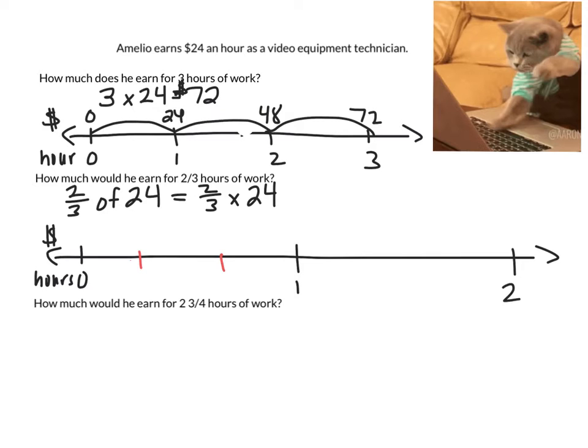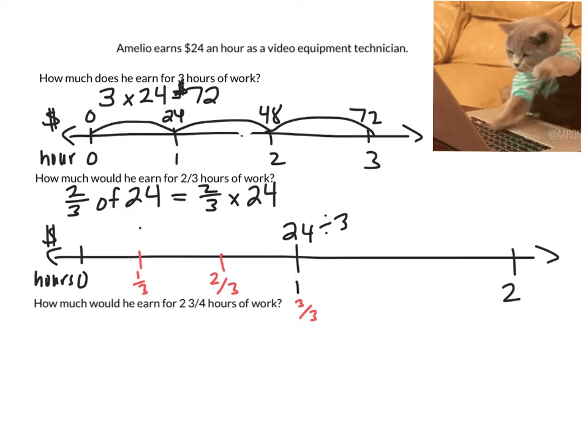Okay, so this would be 1/3 of an hour, this would be 2/3 of an hour, and 1 hour would really be 3/3. And since we know that 1 full hour is 24, I'm going to do that same thing, but now I'm thinking about 24 divided into the 3 parts. So each part, or each third of an hour, Emilio's making $8.